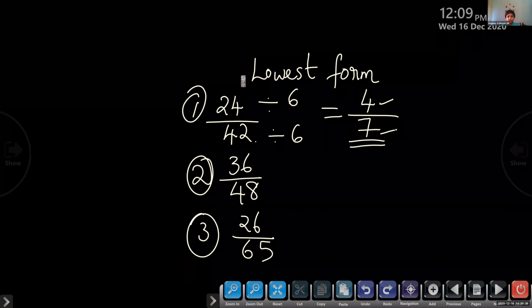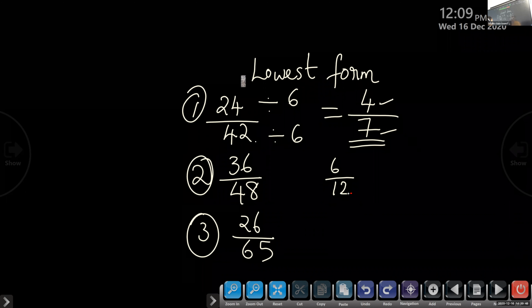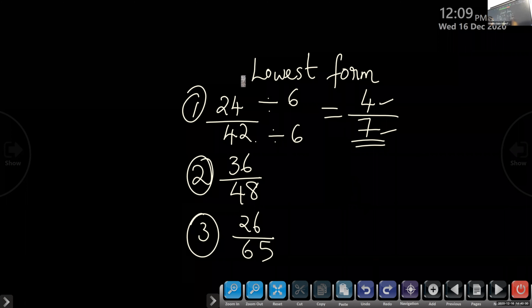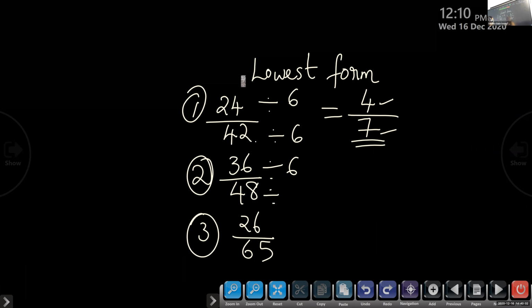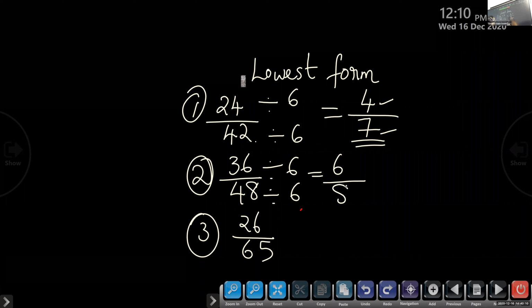What about question number 2? Ma'am, 6 by 8 or 12... That is again not in the lowest form. Ma'am, 3 by 4. So children, if you divide by 6, divide both numerator and denominator by the same number. 6 sixes are 36, 8 sixes are 48.